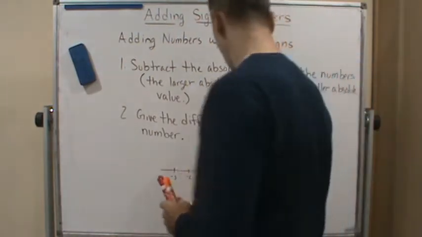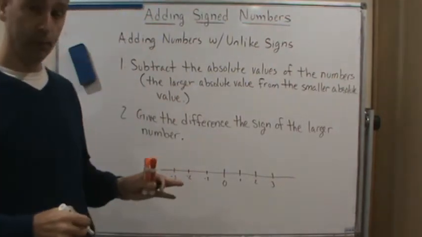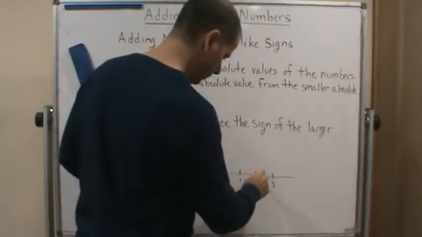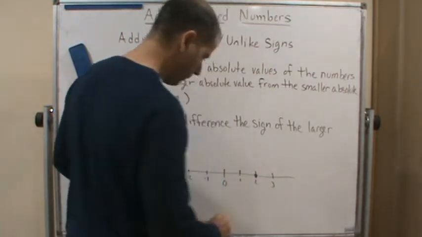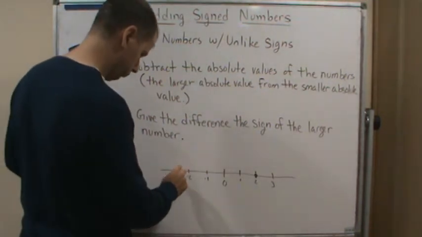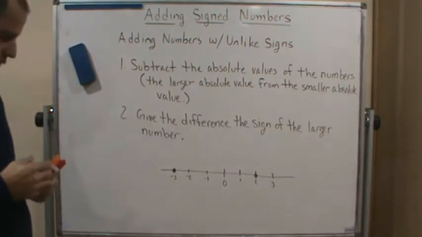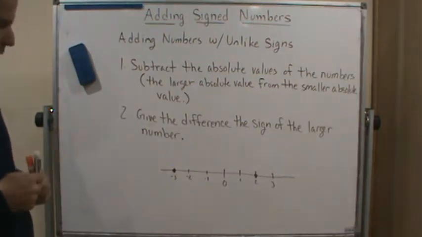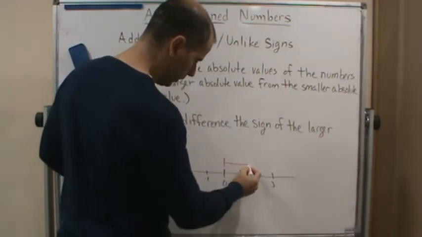Okay, so if I have, let's say, 2 and -3. So 2 is going which direction? 2 is going from 0 out this way.